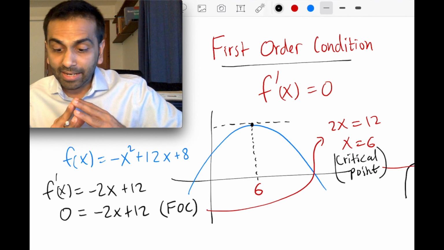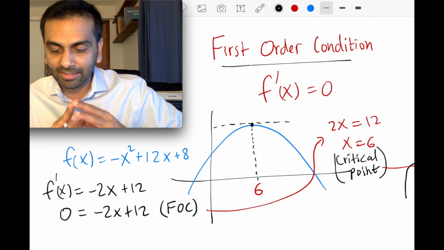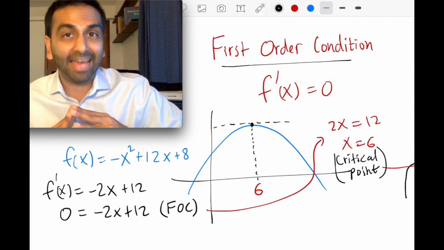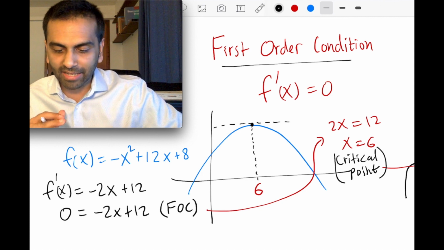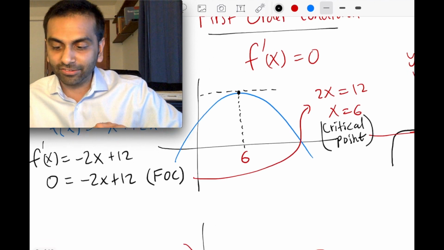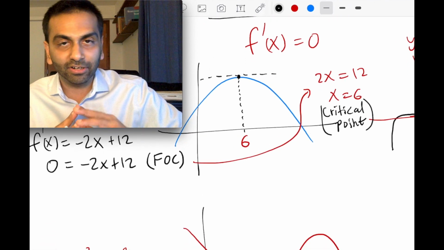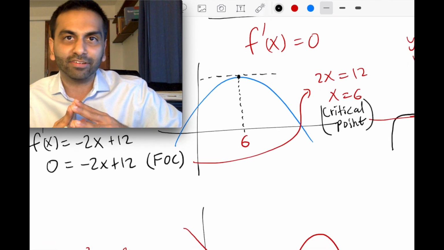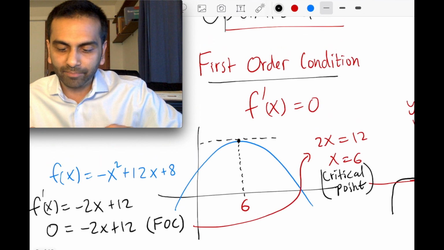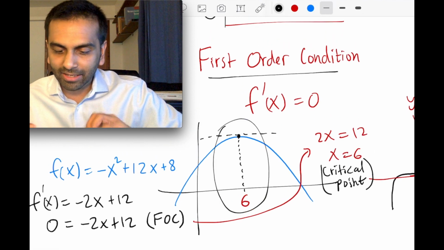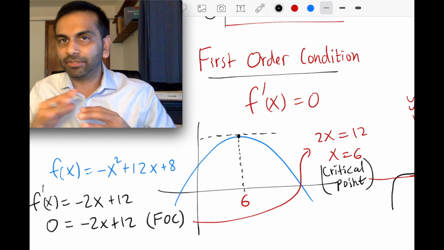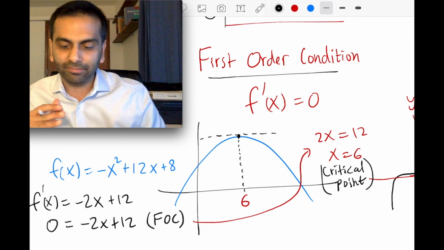In either case, if it's concave down like this, then the second derivative is negative. And if the second derivative is negative, and additionally it's a critical point, meaning the first derivative is 0, that is sufficient for us to claim that that point, at least locally, is a maximum, meaning locally compared to all the points around it.